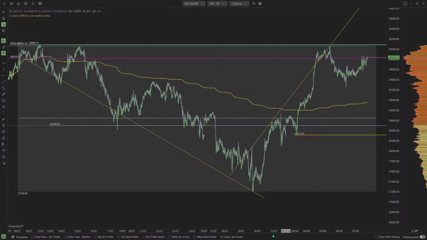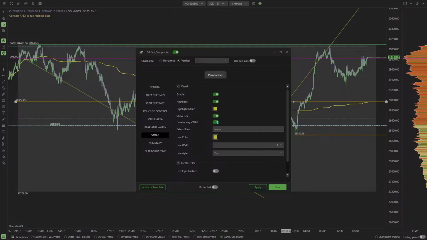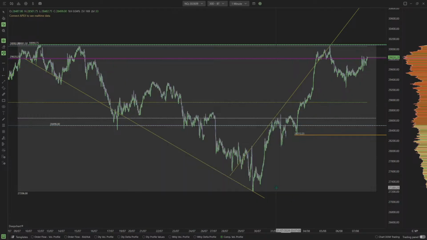So our VWAP, right, if we turn off the developing line, see it. Oh, it's this line. Oh, it's there. Look at that.